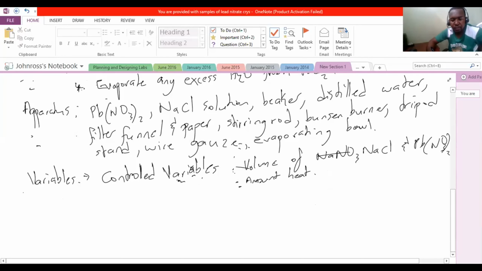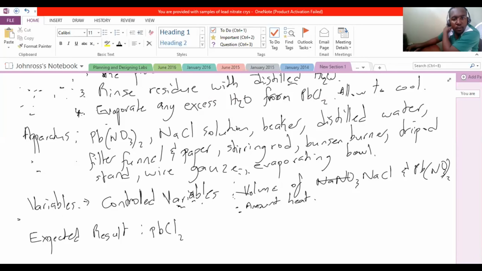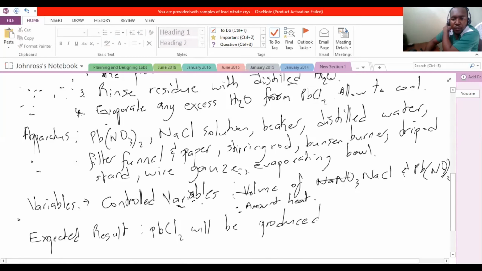And then let's look at our expected result. What do you expect to happen? The lead chloride, the PbCl2, will be produced after the reaction.